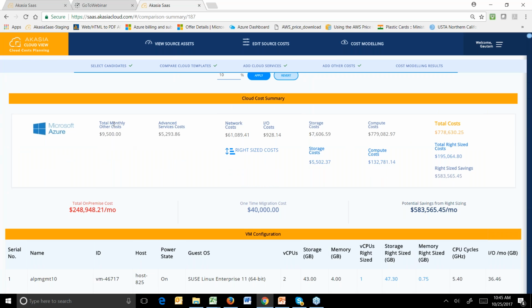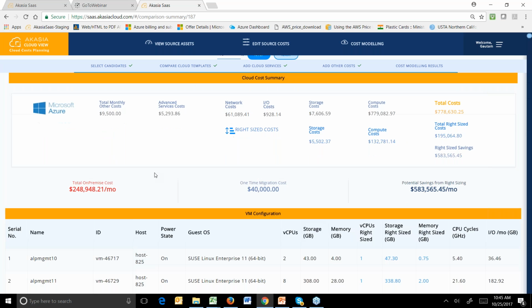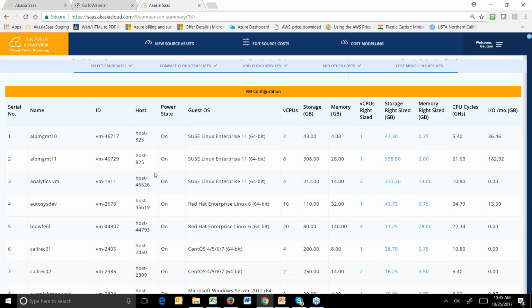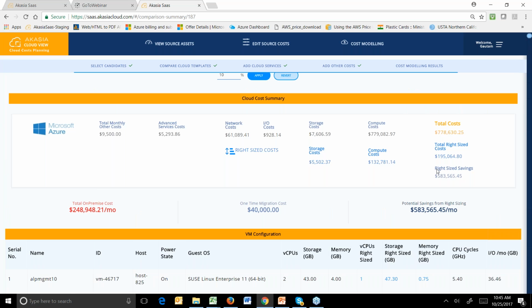Again, this is the monthly cost, advanced services, which are the extras we talked about, the network cost, I/O cost, and storage and other compute cost. Other monthly costs include your networking, the system administrators, and so on. Your total cost is this at this time.